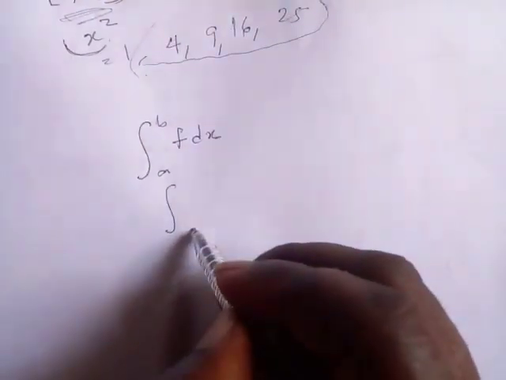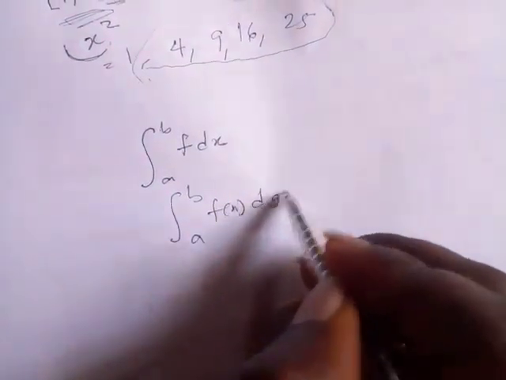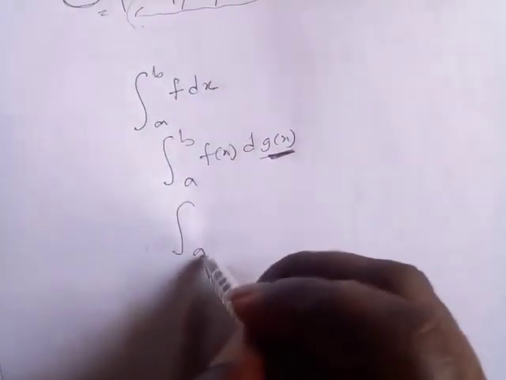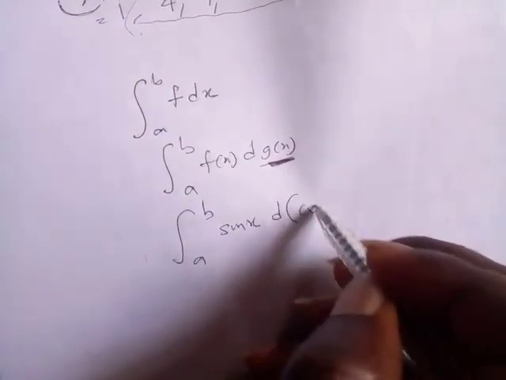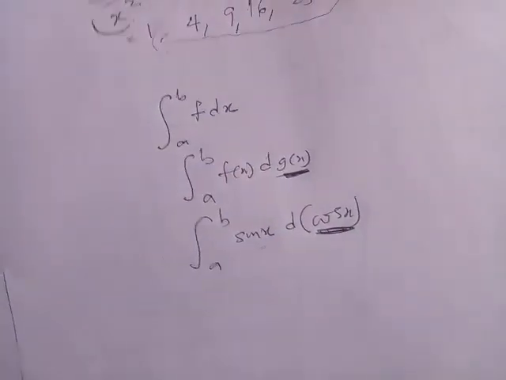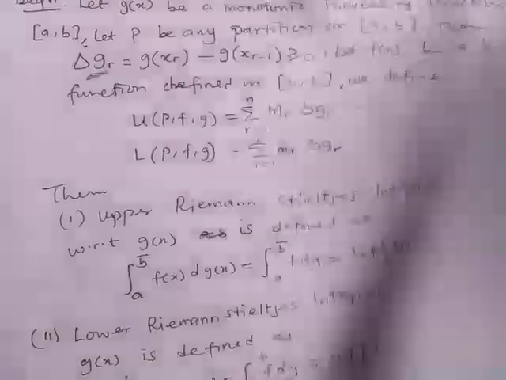But what Riemann-Stieltjes integral did was this: f of x d of g of x instead of dx. For example, if you have a function like sin x d cos x instead of the ordinary dx. So this is the idea of Riemann-Stieltjes integral.